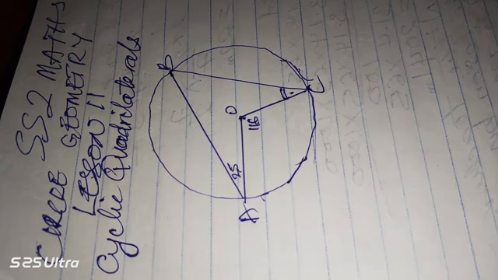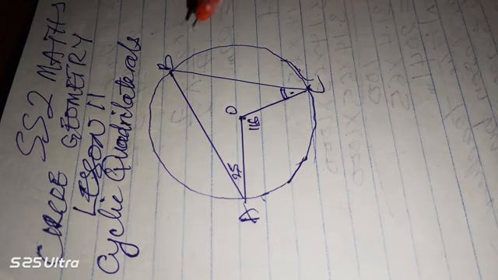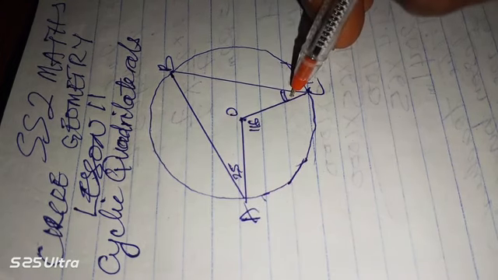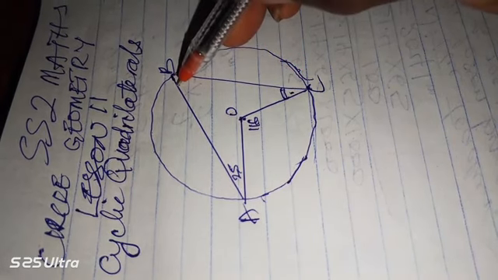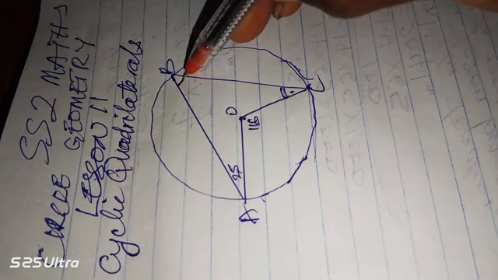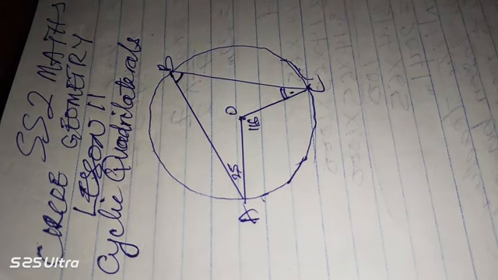So on my own, I can decide to do some things. Despite this being the angle I am asked to find, looking at this shape, I can conveniently get this angle. Any angle you can conveniently get, just get it and keep it. It could be useful later on.